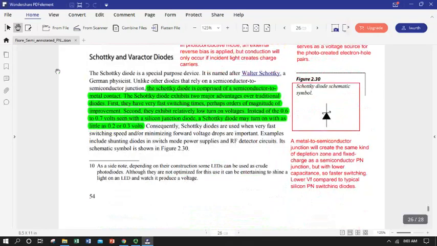Okay, Schottky and varactor. I said there was one diode flavor that didn't actually have a PN junction, two semiconducting materials, and that's a Schottky diode. And it actually has a metal to N-type semiconductor junction.